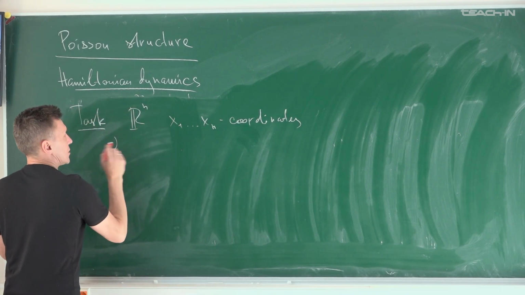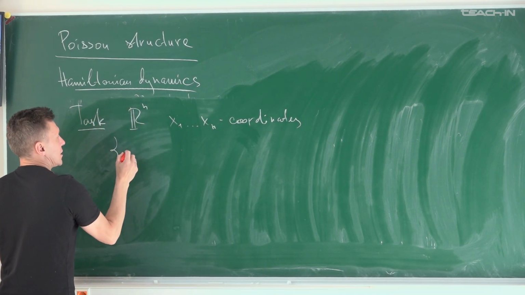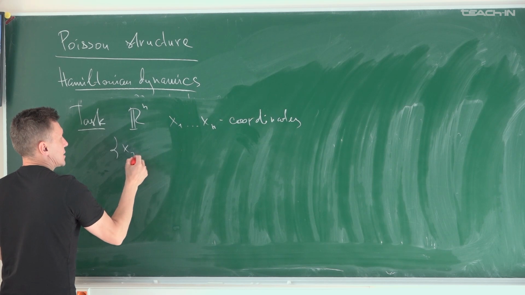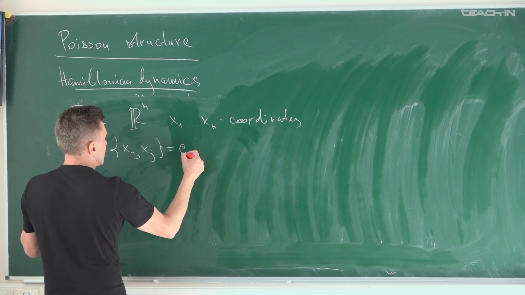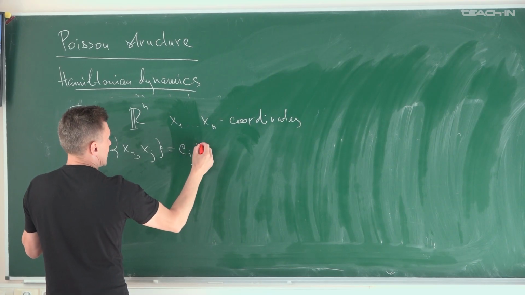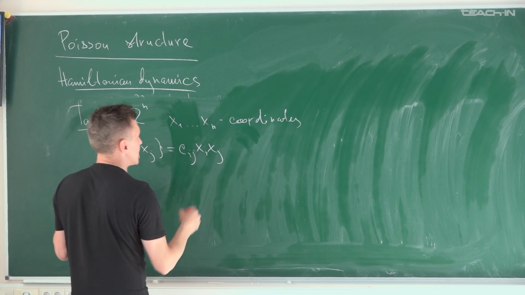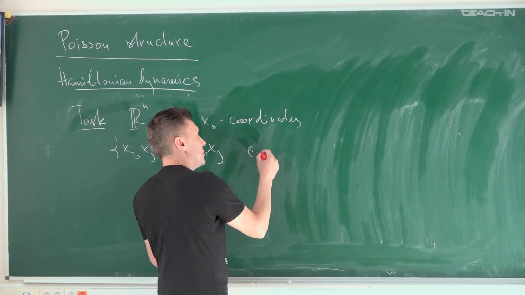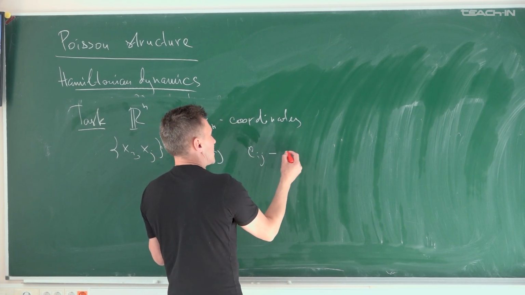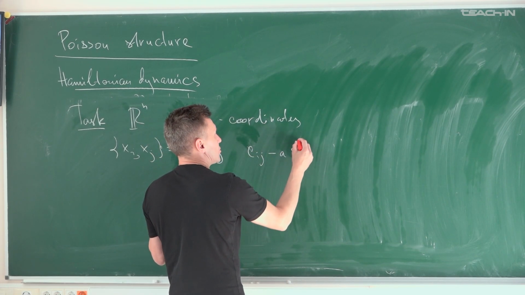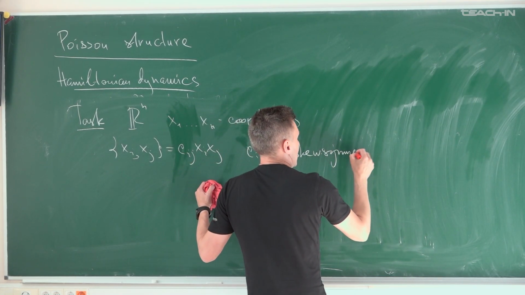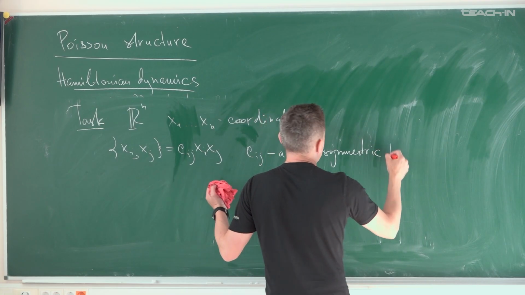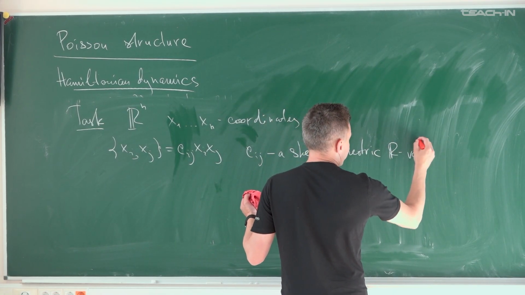And we define the structure like this: {xi, xj} is just Cij xi xj, and Cij is a skew-symmetric valued matrix.